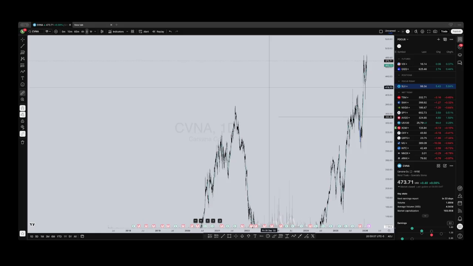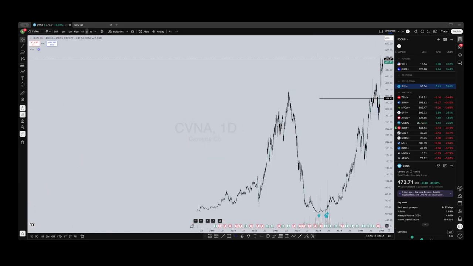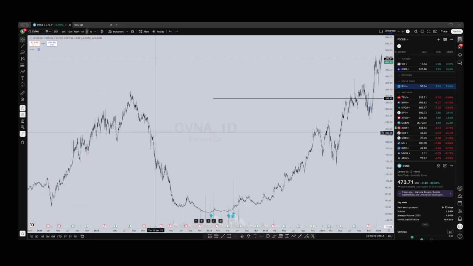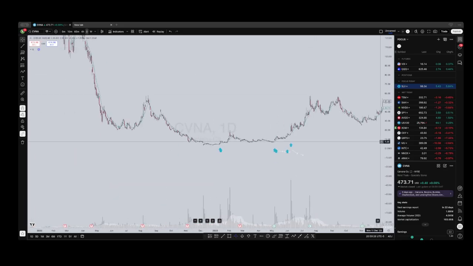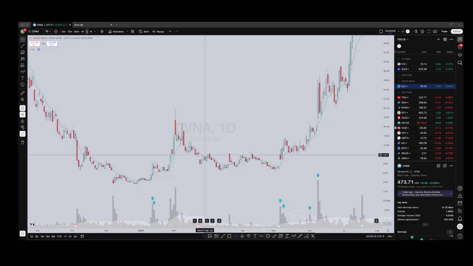Carvana is even crazier. This is at 400 from, oh my god, I always forget how big this was. That's a 70x. This was the base that I traded.